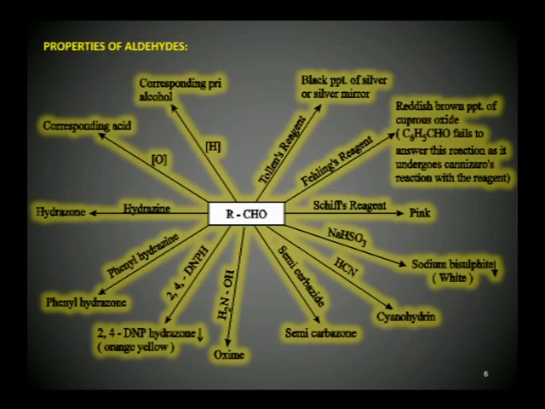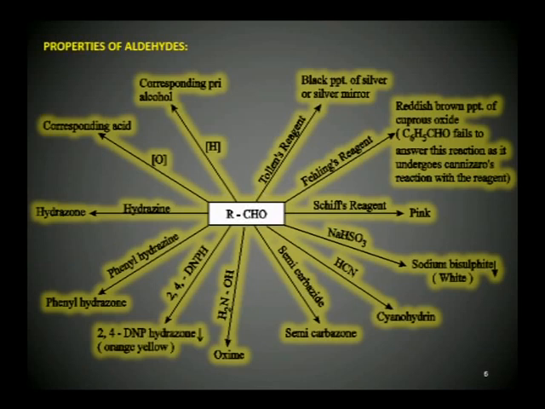When aldehydes are treated with Tollens reagent, which is nothing but ammoniacal silver nitrate, we get a black precipitate of silver or a silver mirror. When aldehydes are treated with Fehling solution or Fehling reagent, a red colored precipitate is obtained.